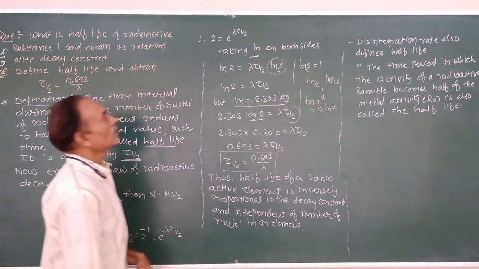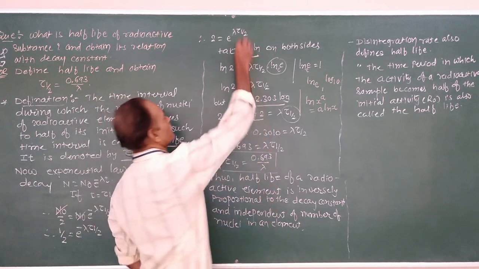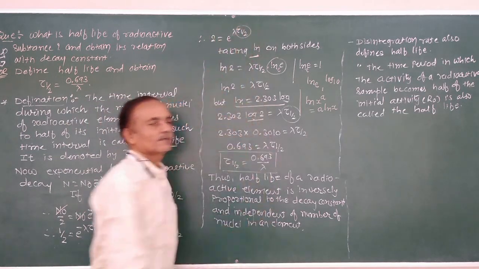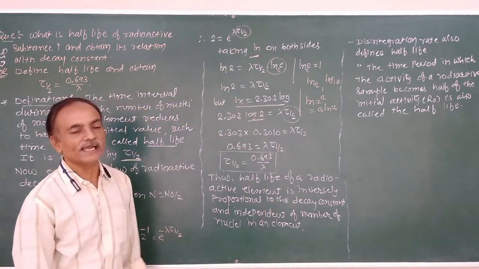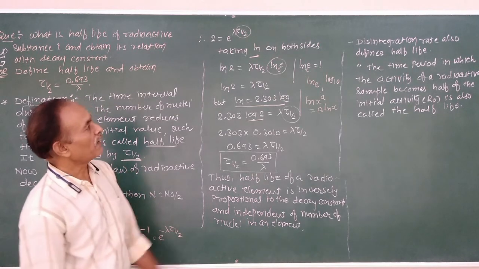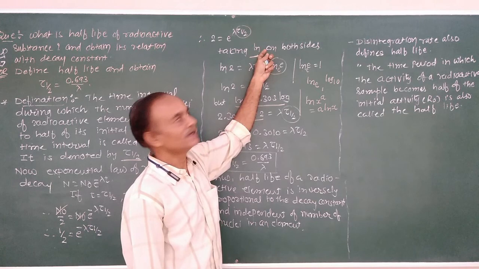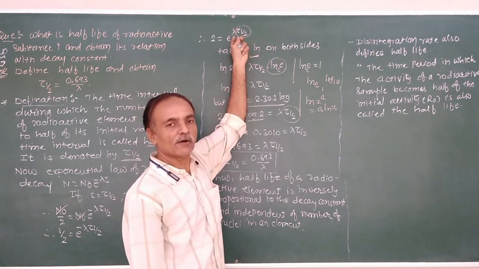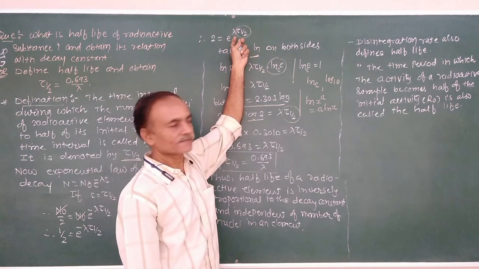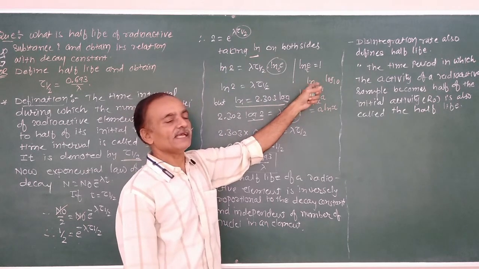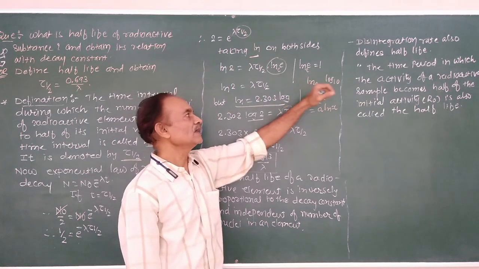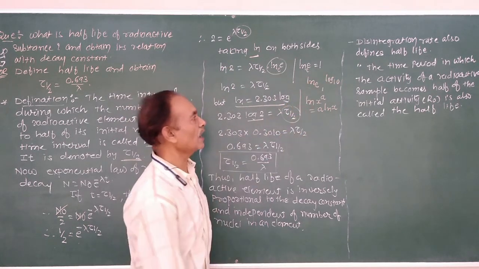Now we are interested to obtain the equation of the tau half. For that purpose, we are taking the ln on both sides. Now first, what is the difference between ln and log? Why do we take the ln? Because here the exponential form base is e. Therefore, ln is base e, while log is on the base of 10.